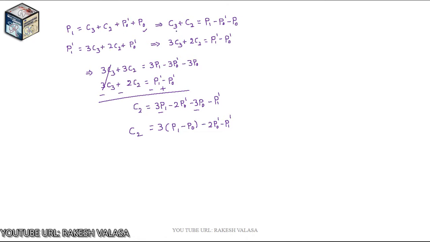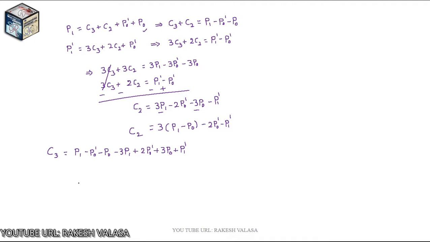From the equation you can write C3 equal to P1 minus P0 dash minus P0 minus C2, that is C3 equal to P1 minus P0 dash minus P0 minus, 3P1 minus 3P0 minus 2P0 dash minus P1 dash.